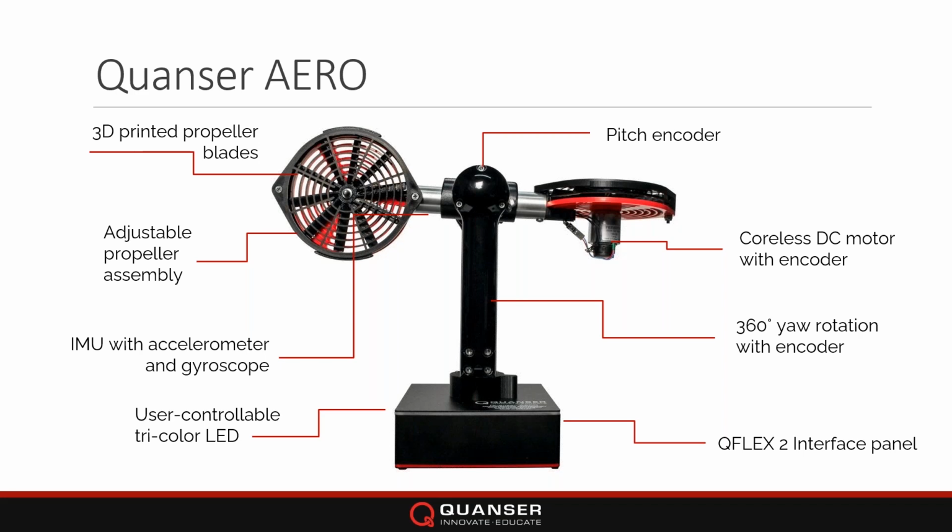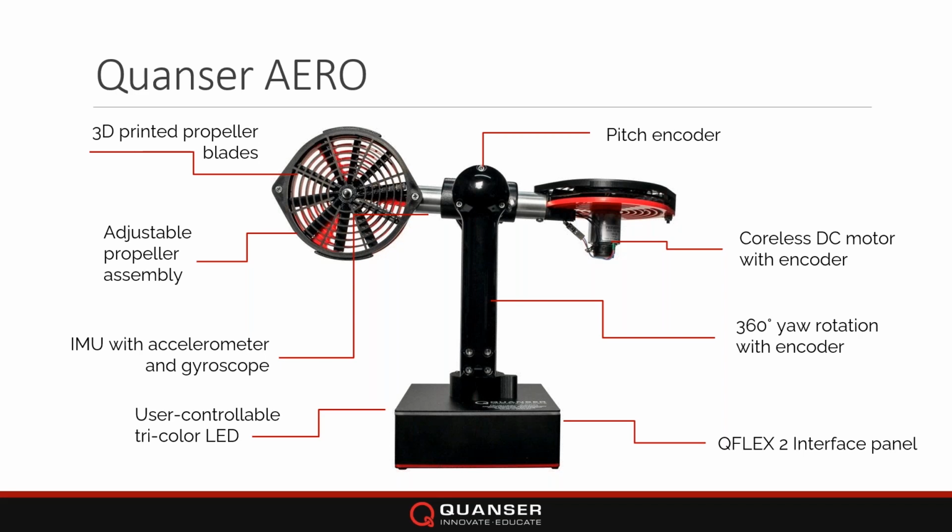You also have an encoder on the pitch, which is used to measure the angle of the pitch, and the yaw as well. You can measure the angle of the yaw using the encoder, and you also have an IMU, a 3 DOF accelerometer and 3 DOF gyroscope on board.